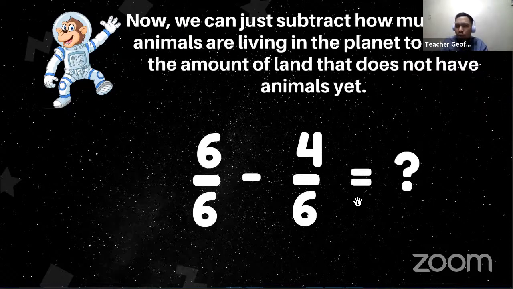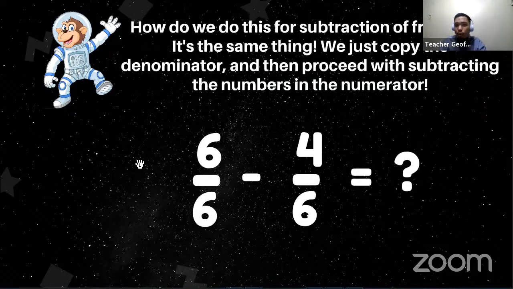Do you remember how we did adding of fractions a while ago? It's actually quite simple for subtraction of fractions as well. Again, we just copy the denominator and then proceed with subtracting the numbers in the numerator.